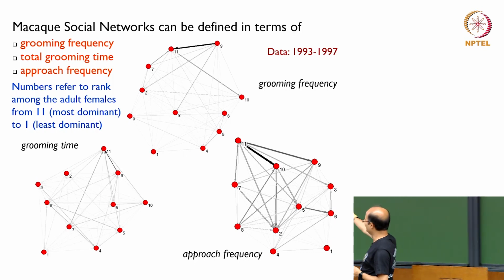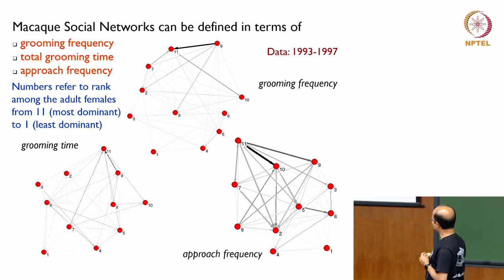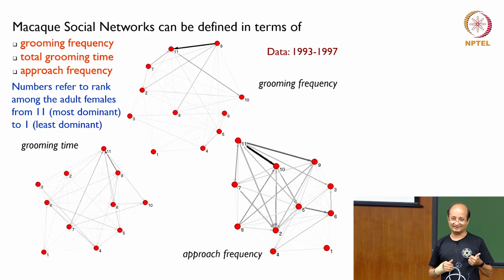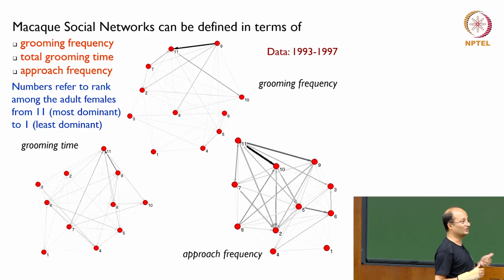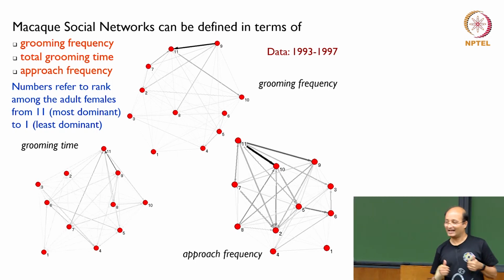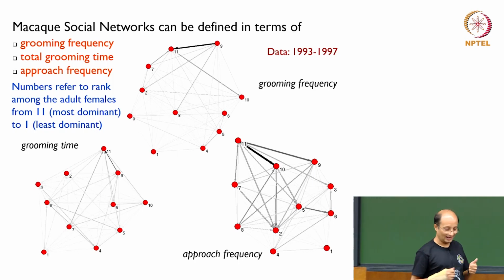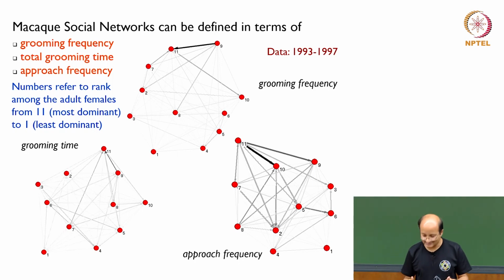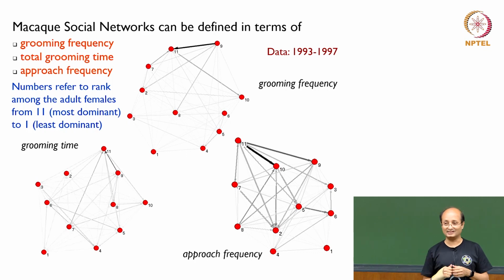Another thing is that we refer to numbers, and these numbers mean their rank. Now you might ask, how do we even know rank? That's because in primate societies, especially among the female primates, rank is pretty much determined from birth.